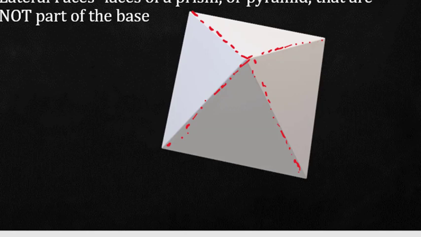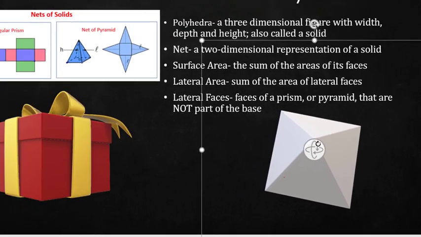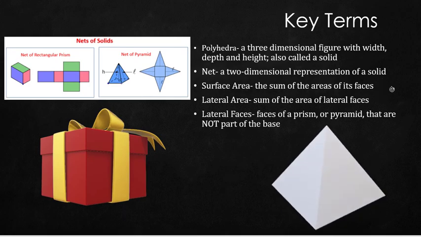Since it's a pyramid, it only has one base, not 2. And let me clear all this off for us here real quick. So if we were to cut that and lay it flat, the net of that pyramid would have 4 triangles and then the base.